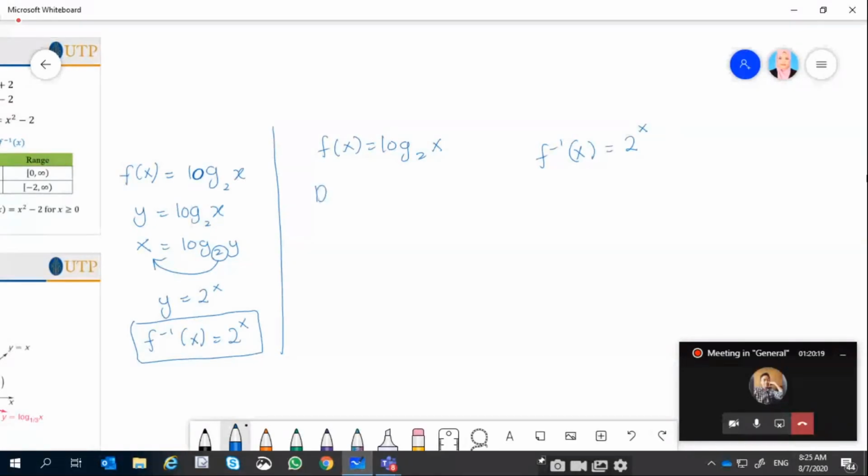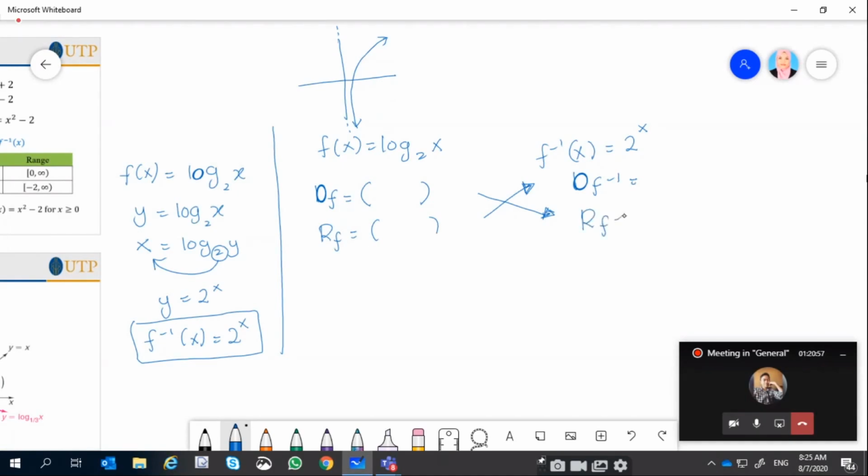So the domain for f is, when we sketch the graph for log x with base 2, since the base is greater than 1, you know the graph is going upward. As you can see from this diagram, what is the domain and what is the range? Remember how to find the domain for a log function?